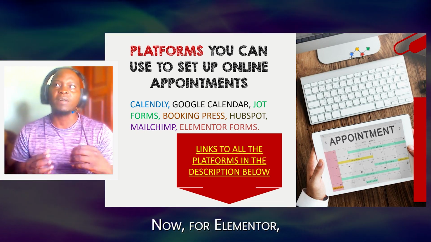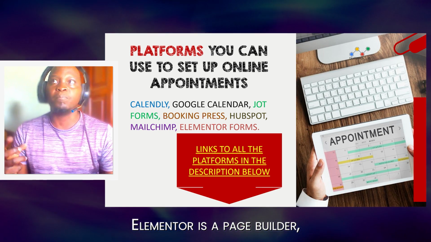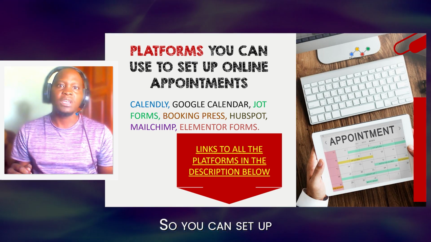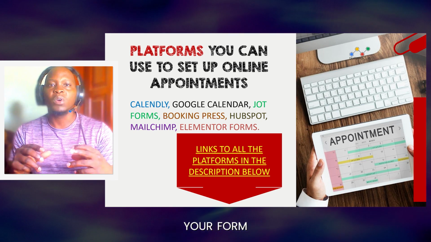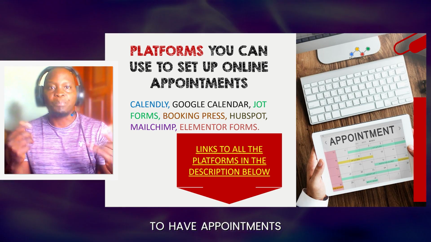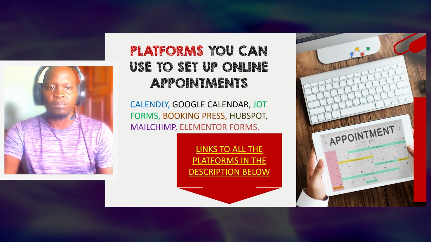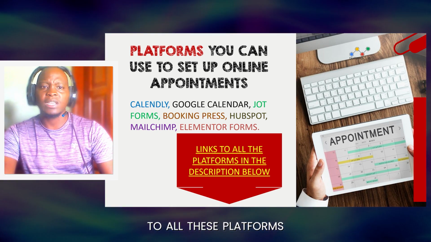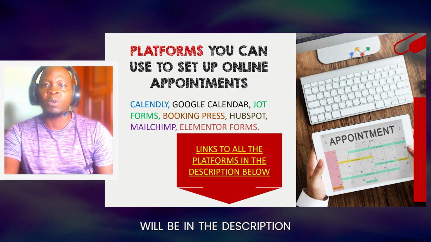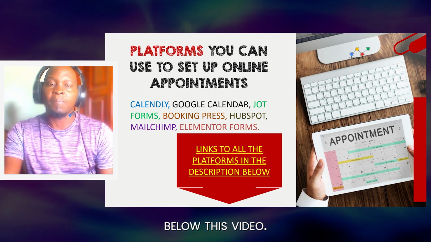Elementor is a page builder for WordPress, so you can set up your form to have appointments on your website. The links to all these platforms will be in the description below this video.